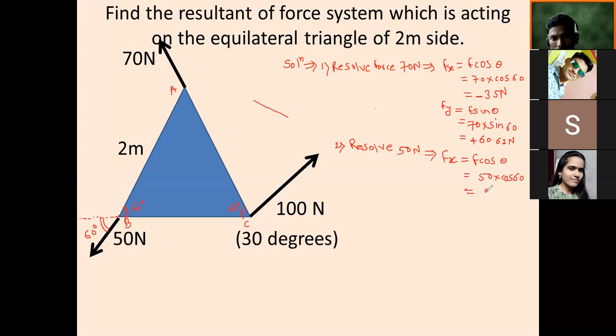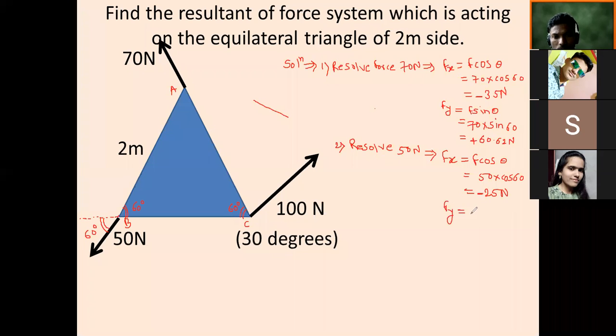Very important. Where is the line of action of the 50 Newton force going, positive x-axis or negative? Negative x-axis. So the sign should be minus. Minus 25.